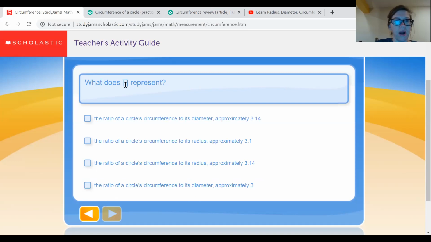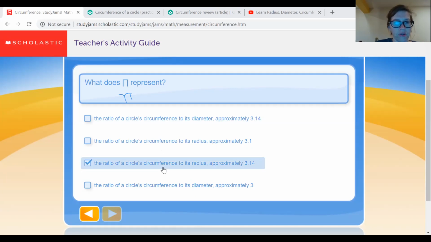Okay, so what does pi represent? Again, this is supposed to be the little pi symbol. That really should look more like this. That helps. All right, so what does pi represent? A, the ratio of a circle's circumference to its diameter, which is approximately 3.14. B, the ratio of a circle's circumference to its radius, approximately 3.1.